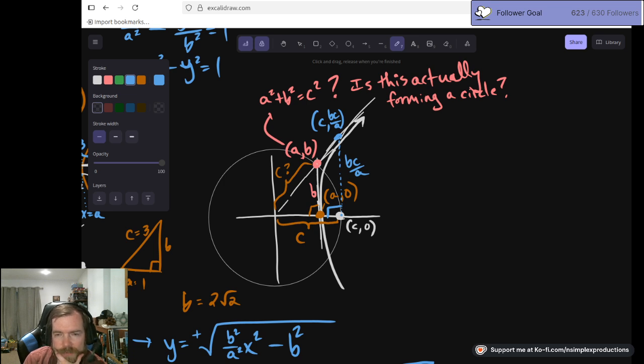So the scale factor is C over A, from orange to blue.